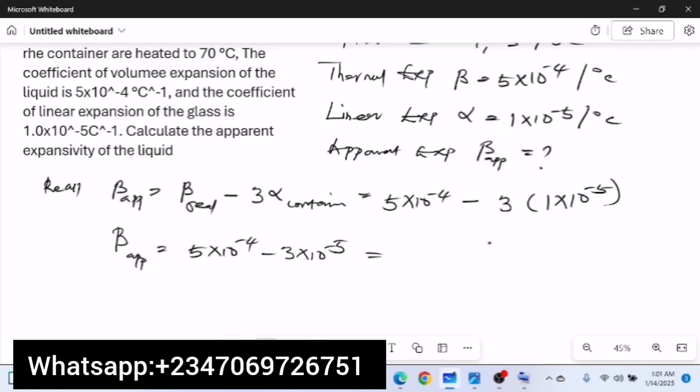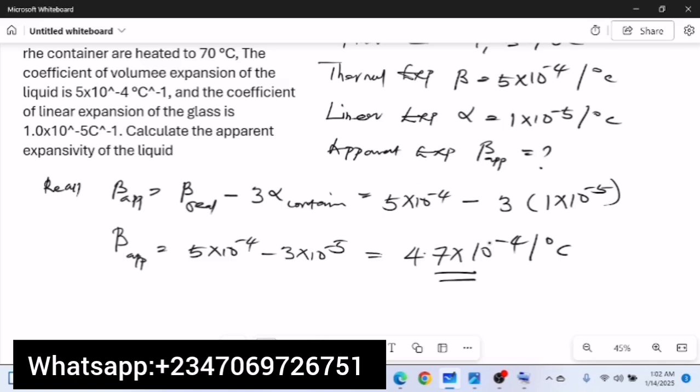So let's punch this together and see what we are going to obtain. That simply gives us 4.7 by 10 to the power of -4 per degree Celsius. So this becomes the apparent expansivity of that given liquid.